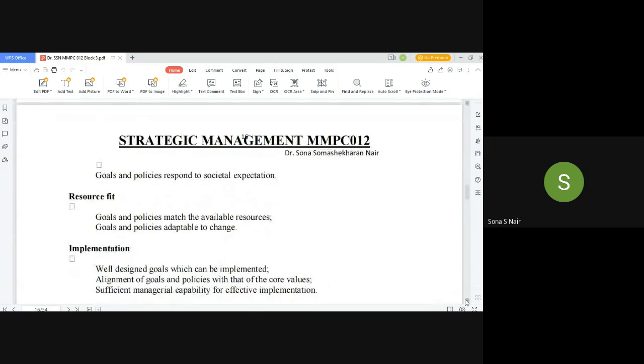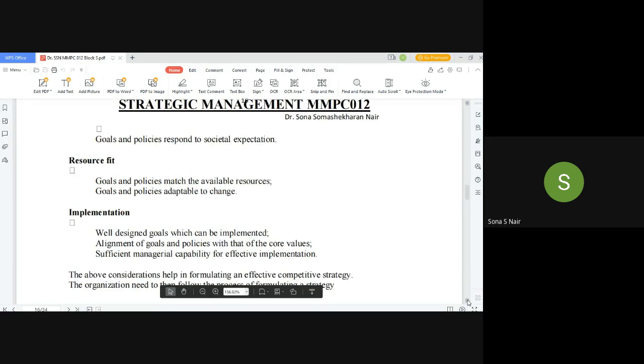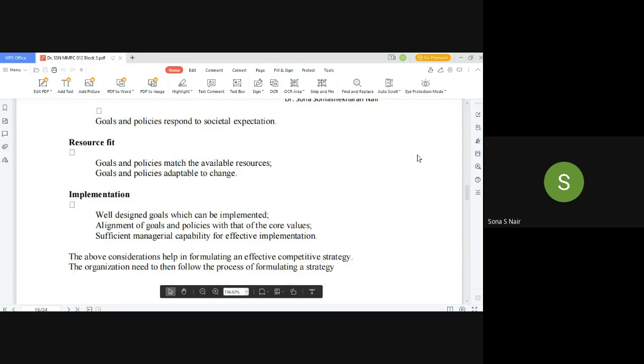Resource fit, to see whether whatever strategies are being decided, do we have the resources to fulfill those strategies, to go ahead and implement those strategies? Are they adaptable to change? And implementation, would we be in a position to implement the strategies that have been decided?